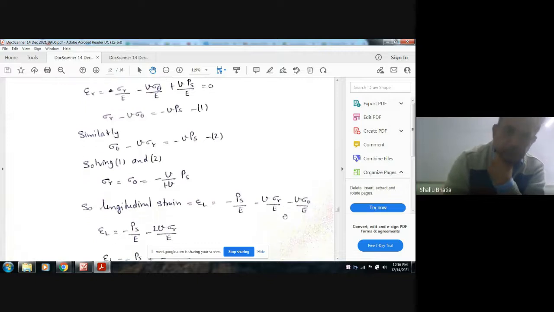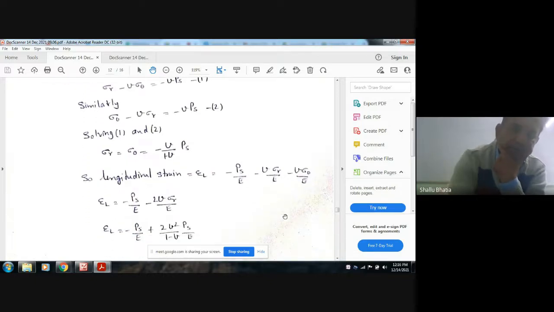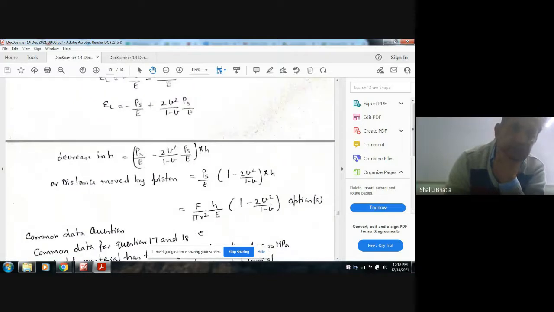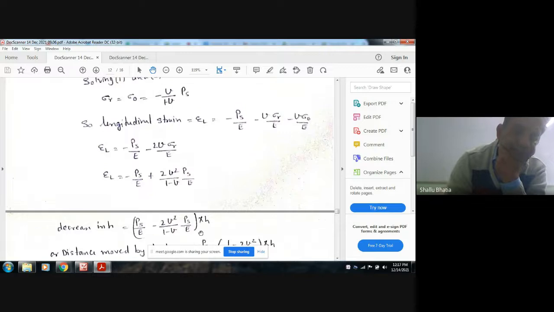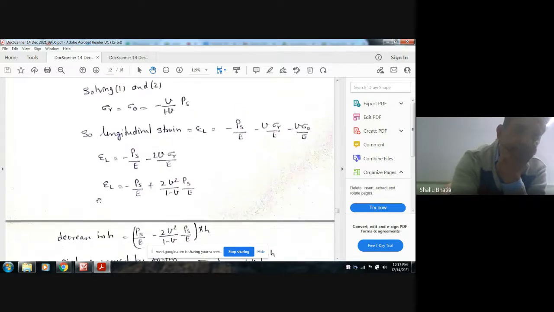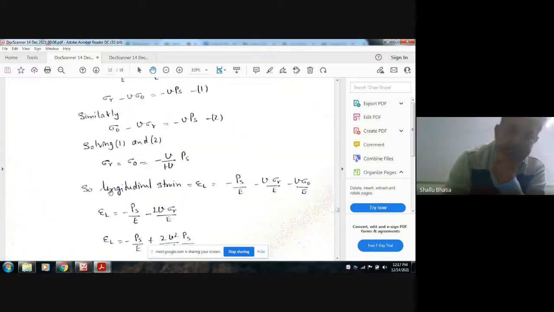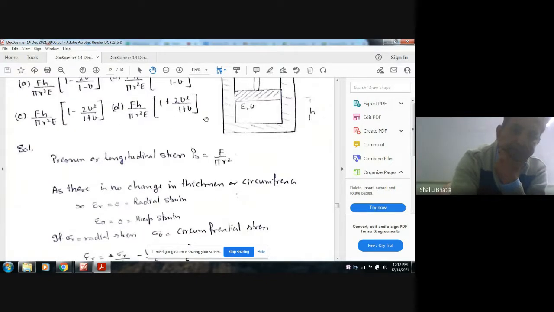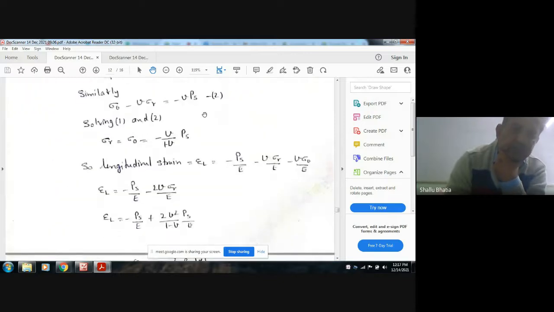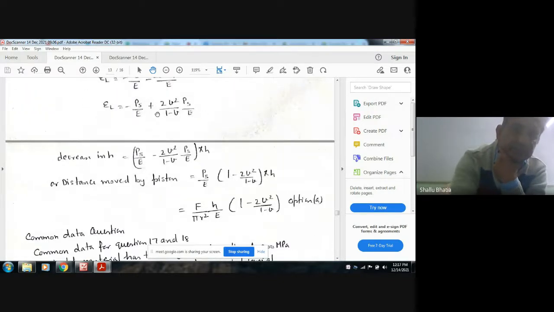Putting the value of sigma r as minus mu by (1 plus mu) p, we get the longitudinal strain equal to p by E plus 2 mu square by (1 minus mu) times p by E. So this is the strain in this direction, and there will be a change in H. The decrease in H is p by E minus 2 mu square by (1 minus mu) times p by E, times H.